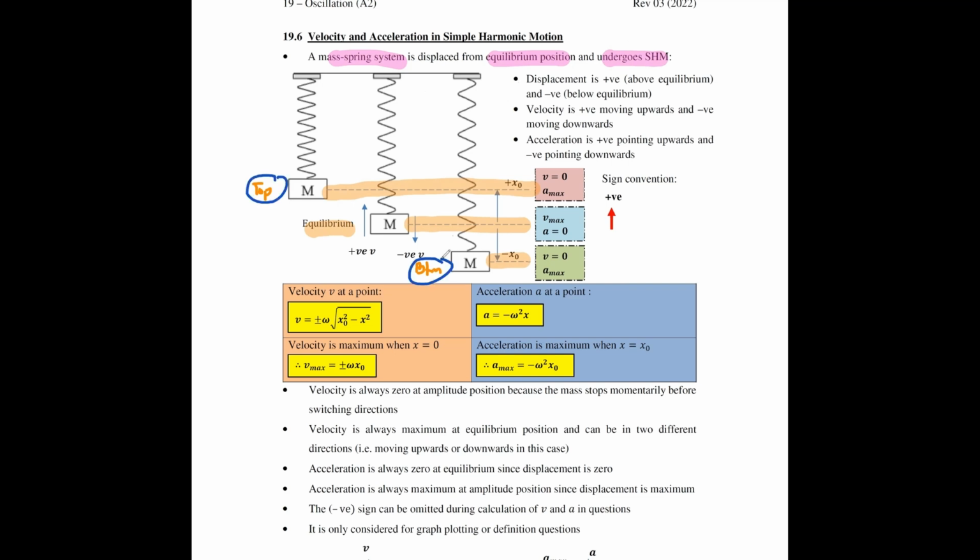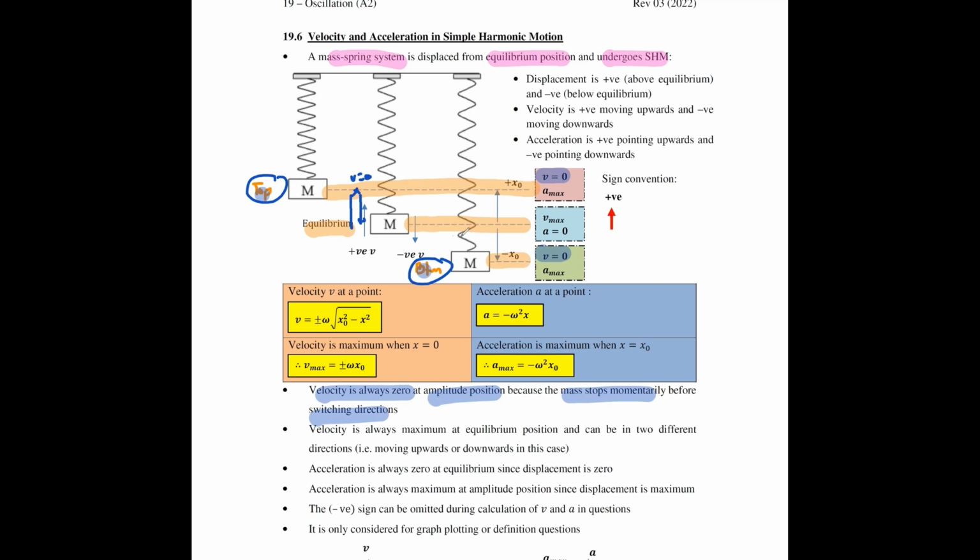and bottom position, your velocity will always be zero as your object moves up and down. Your velocity is always going to be zero at the amplitude, in other words, the top and bottom position, because the mass has to stop momentarily before switching directions. Because if your mass goes up and it wants to go right down, it has to stop temporarily here.